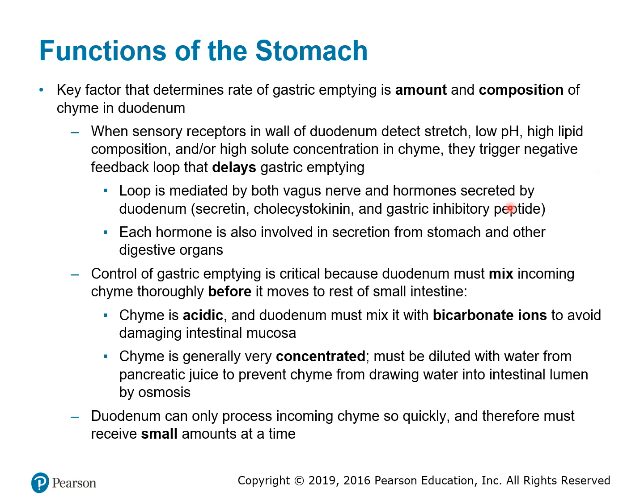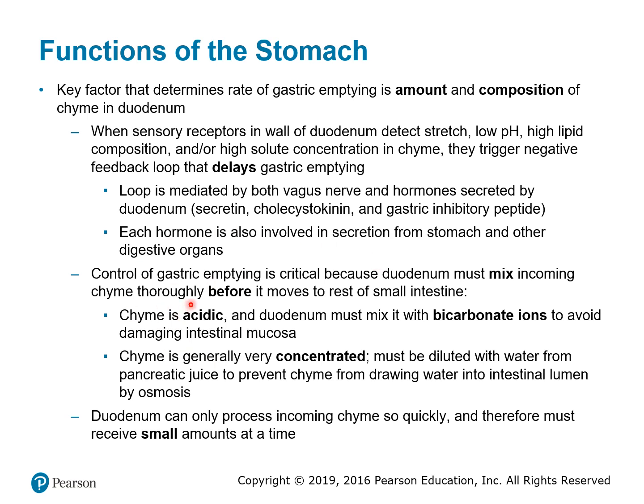Then it's going to trigger a negative response, and the emptying of the gastric chyme is going to be delayed. If the duodenum receptors say, okay, everything looks good, then we can keep releasing the chyme into the duodenum. So it's like a negative loop. The control of gastric emptying is critical because the duodenum must mix incoming chyme before it can reach the small intestine, so the small intestine receives the most mixed, most fluid-like part of the food.